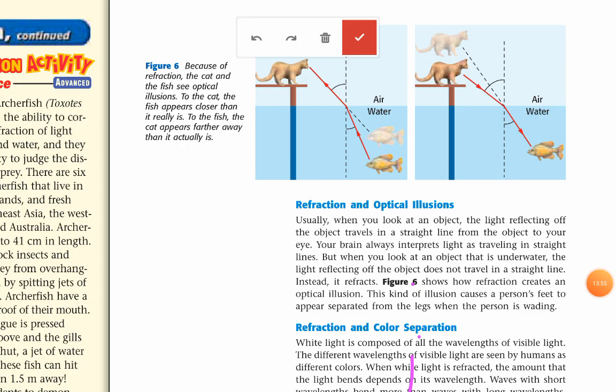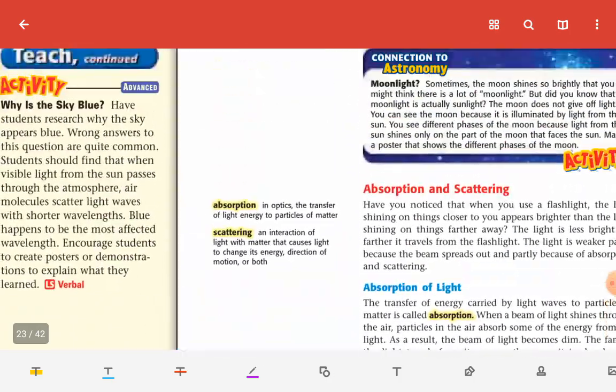Now guys, the time of highlighter. With me guys, go to the first page.